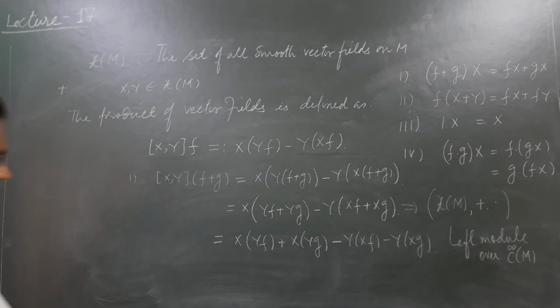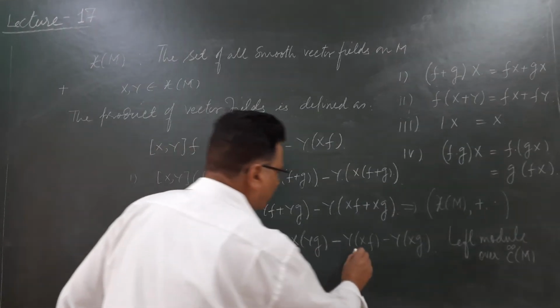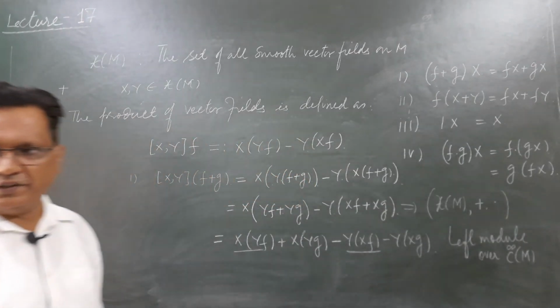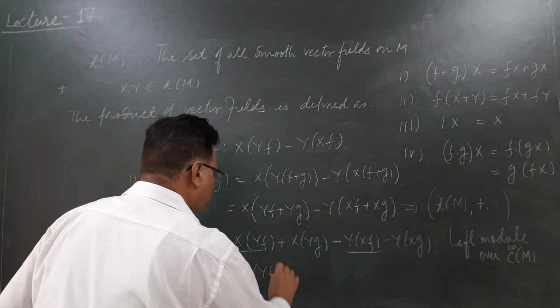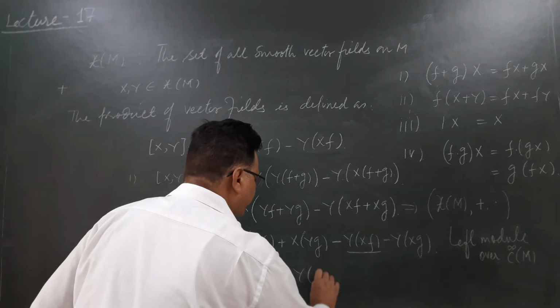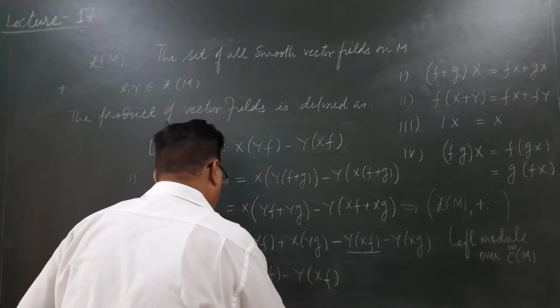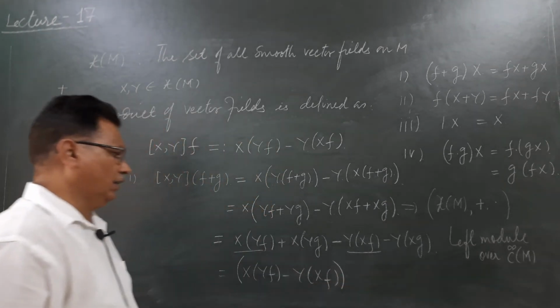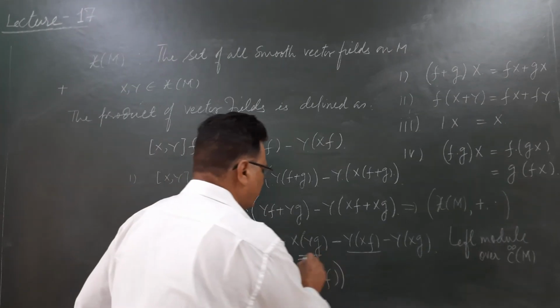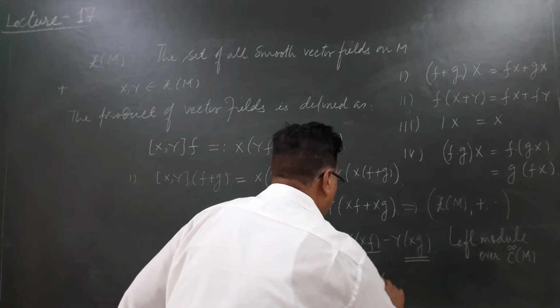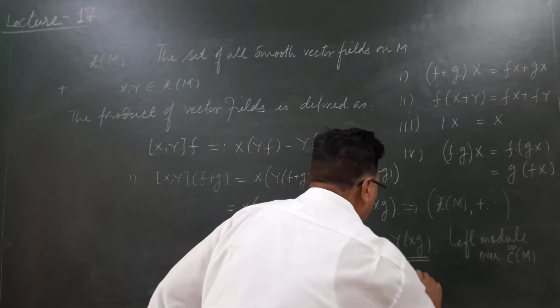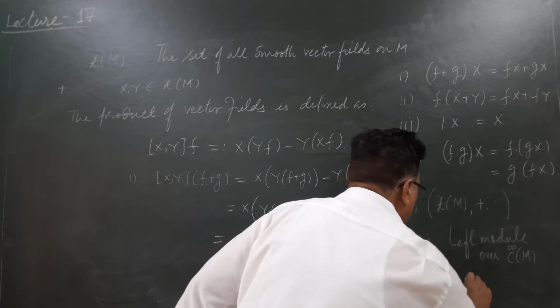Okay, so XYf minus YXf I will write together. So this will give me XYf minus YXf. I will put it in a bracket. Similarly, second term and the fourth term will be written together. So this will give me XYg minus YXg.